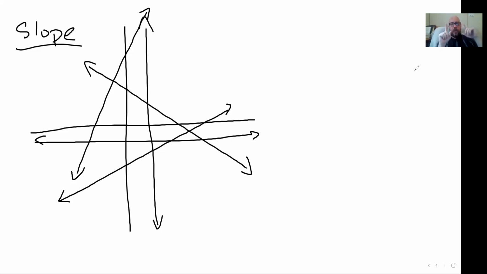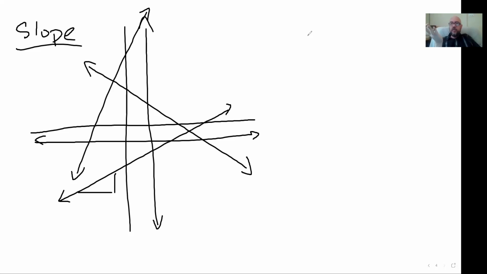So here's how we define direction of lines. Each one of these is straight the whole time, so it never changes direction, right? This line is the same direction over here as it is over there. So what we do is define a number that is a ratio. It's the ratio of how much up it goes per unit to the right.